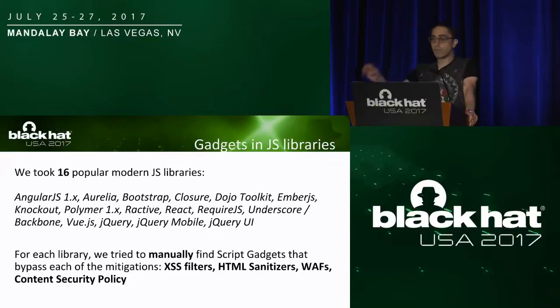For every library in this list, we tried to bypass every one of the mitigations tested. We took a couple of XSS filters, a couple of sanitizers, only one web application firewall, OWASP ModSecurity with the Core Rule Set, and several variants of content security policy. So we had a matrix of libraries and mitigations, and we tried to come up with a bypass example for each cell in this matrix.